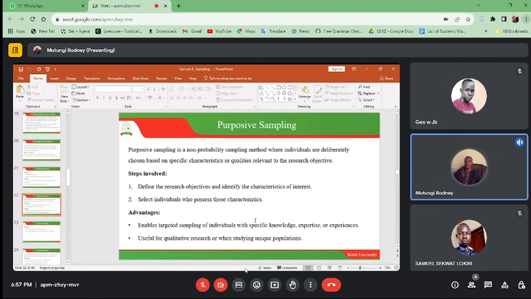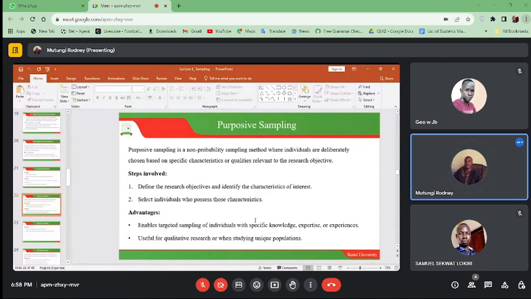Okay, there are those people that are called key informants in this case. Those agricultural officers, for example, in that area that you are going to study or you are going to put your program, those nutritionists, okay, are the people that must be in this study. So you have to purposely select them.